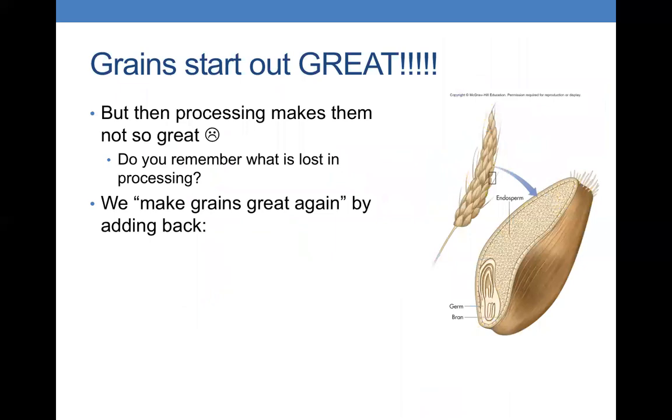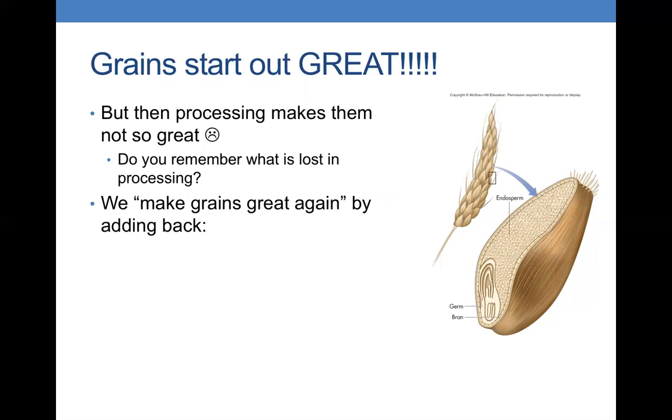Grains. So why are we talking about grains? I thought we were talking about B vitamins. We're talking about grains because grains are a very important source of the B vitamins. Grains are also a good source of minerals and fiber. And all grains start out awesome. However, processing really just diminishes some of the very beneficial properties of grains.